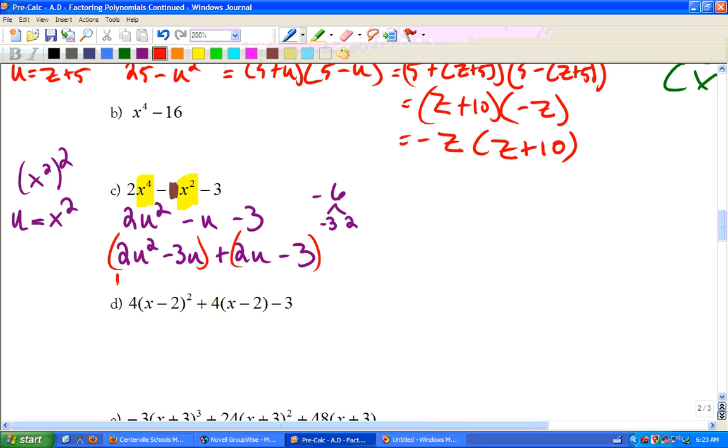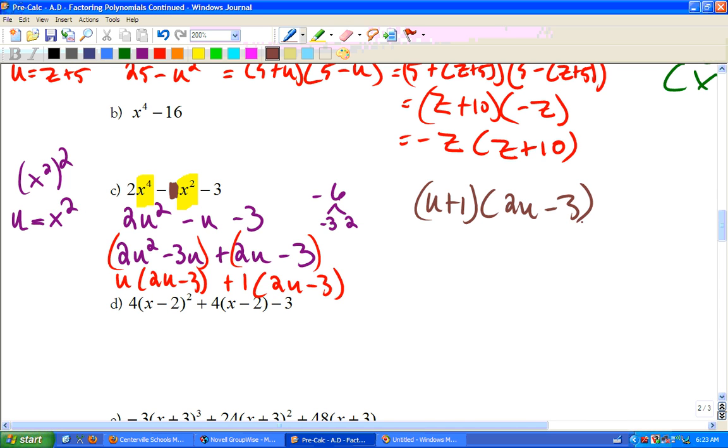Pull out a u here: 2u minus 3 plus, there's only a common factor of 1 in our next term. So we're left with u plus 1 times 2u minus 3. We're going to plug our u value back in, which is x squared. So we have x squared plus 1 times 2x squared minus 3.